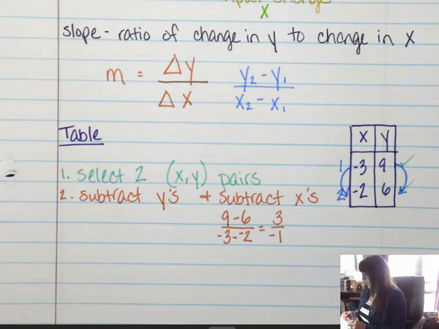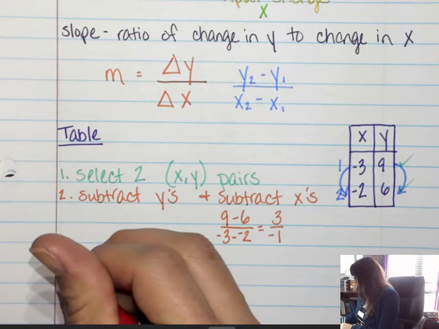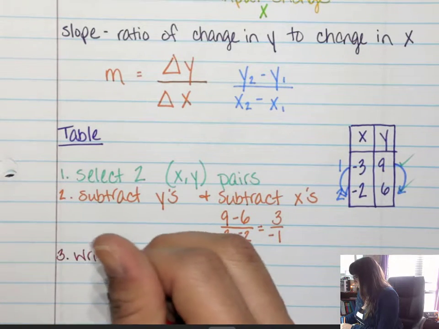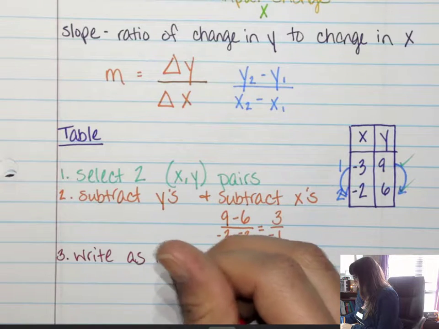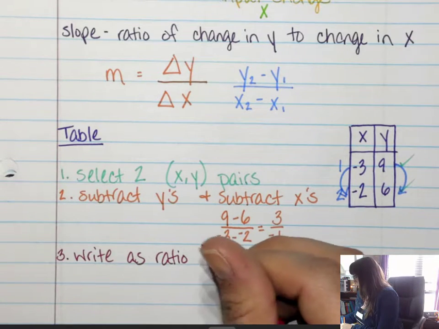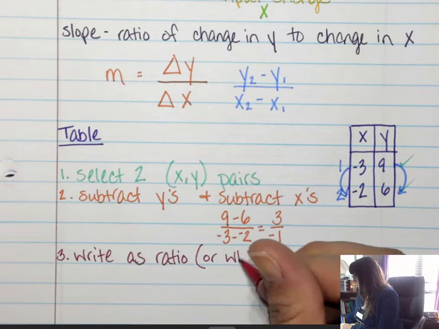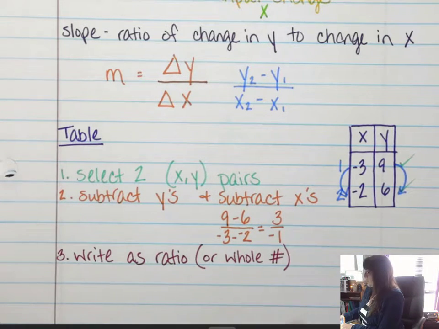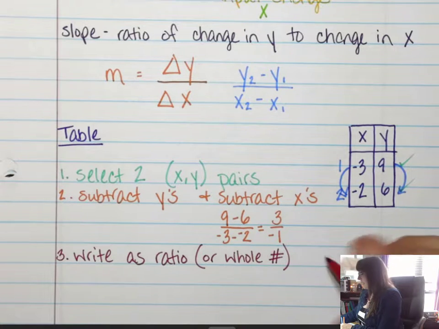So yes, next, step 3 is write as a ratio, or whole number. So this one, 3 divided by -1 can be -3.